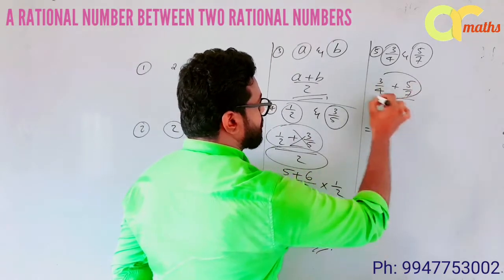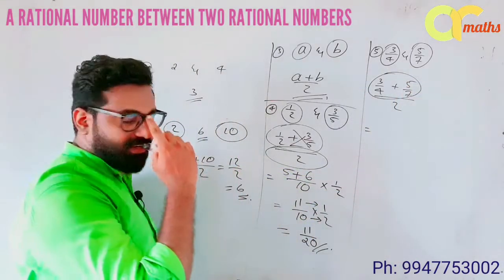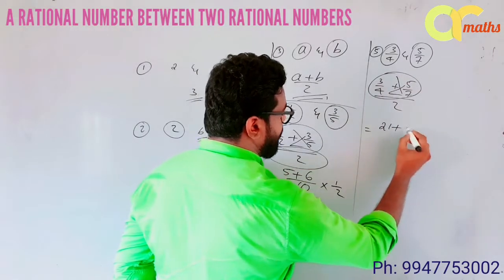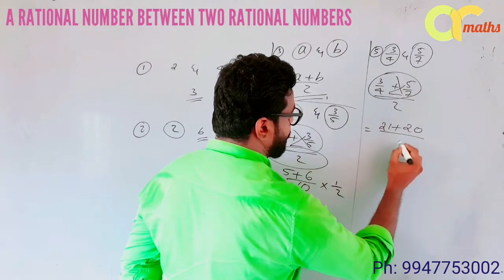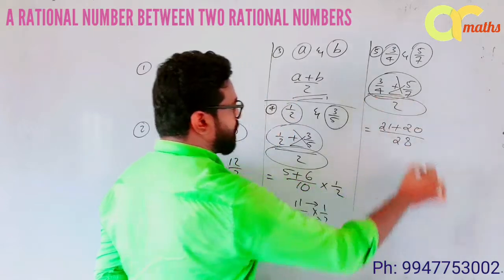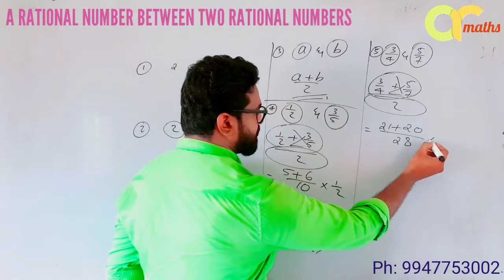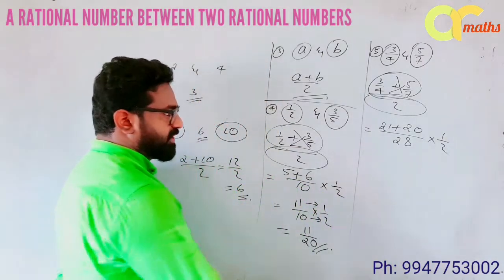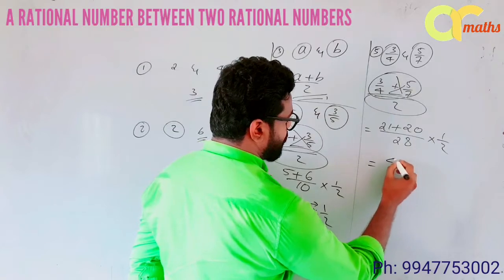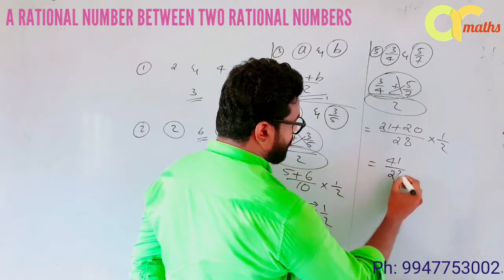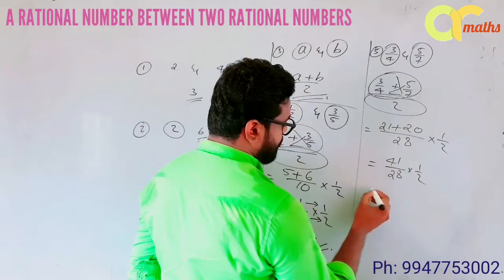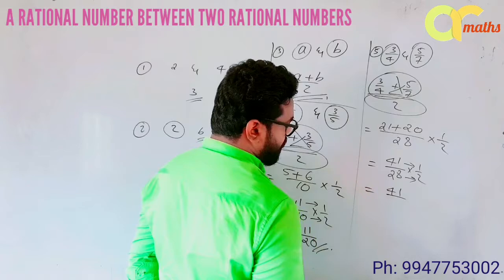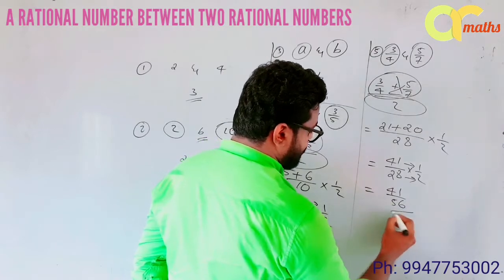Then simplify 3 by 4 plus 5 by 7 by cross multiplication. 3 into 7, 21, plus 4 into 5, 20, divided by 4 into 7, 28. Divide by 2. How to convert division into multiplication? By taking its reciprocal. Reciprocal of 2 is 1 by 2. Then 21 plus 20 is 41 divided by 28, into 1 by 2. Then multiply 41 into 1, 41, divided by 28 into 2, that is 56.